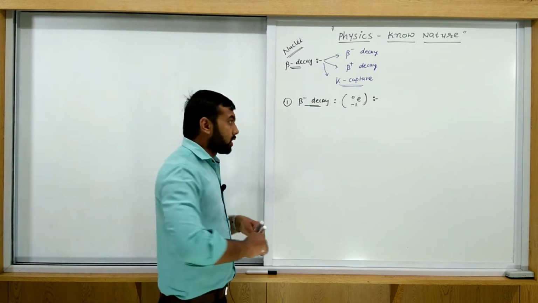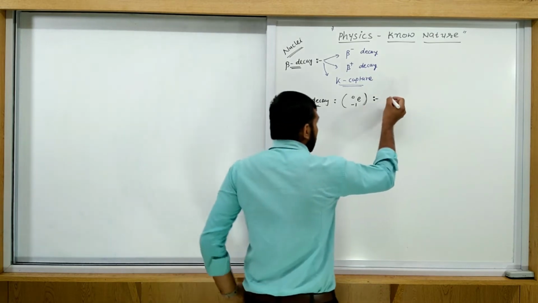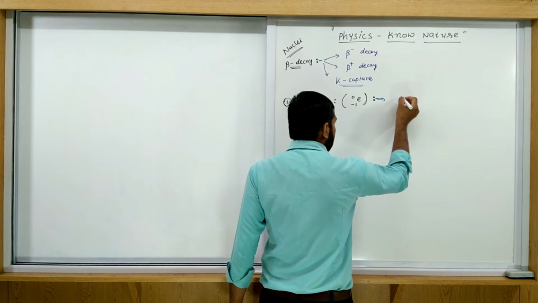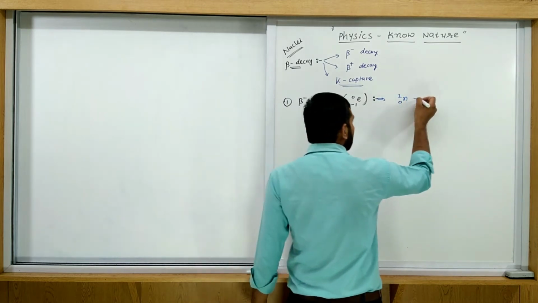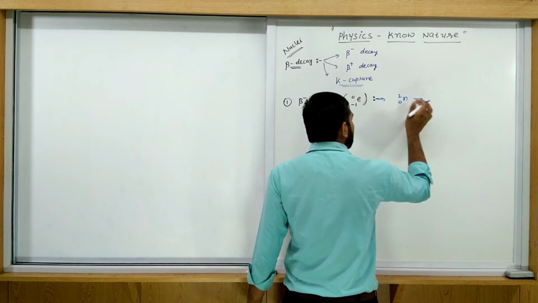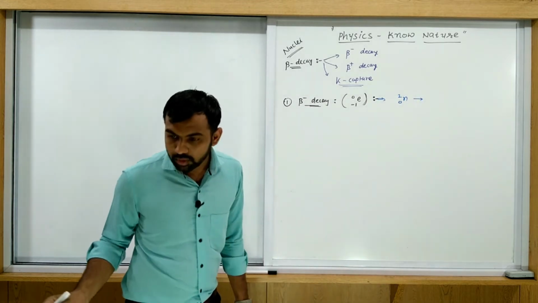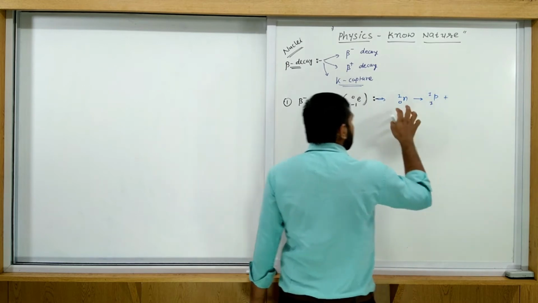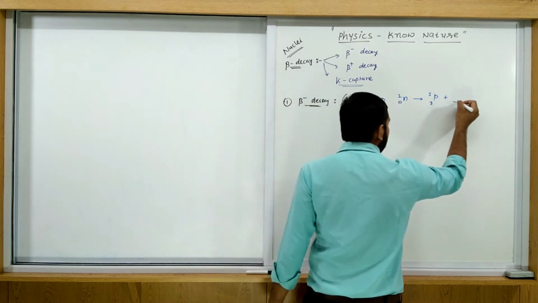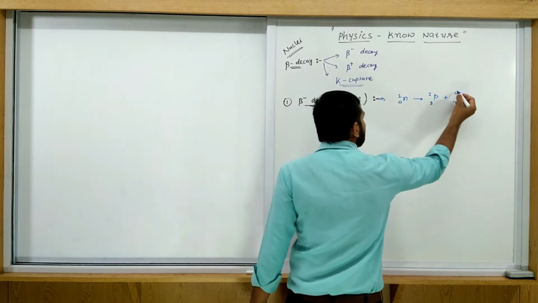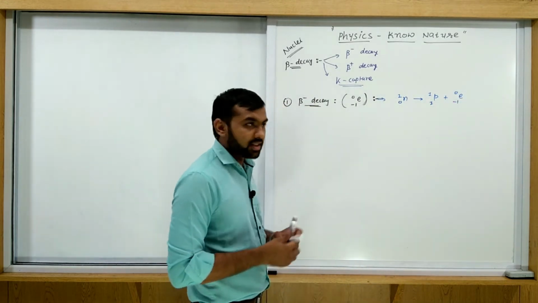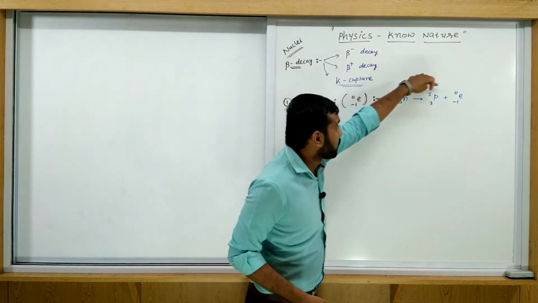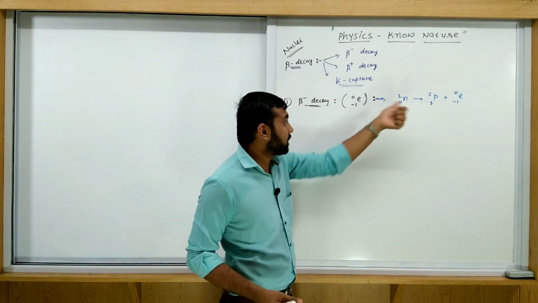In this case, the neutron is converted into a proton, like this: 1p1 plus an electron is also produced, -1e0. Now take a summation and balance this equation. Here 0, so 1 minus 1 is 0, here 1, and 1 plus 0 is 1. So this reaction is balanced.